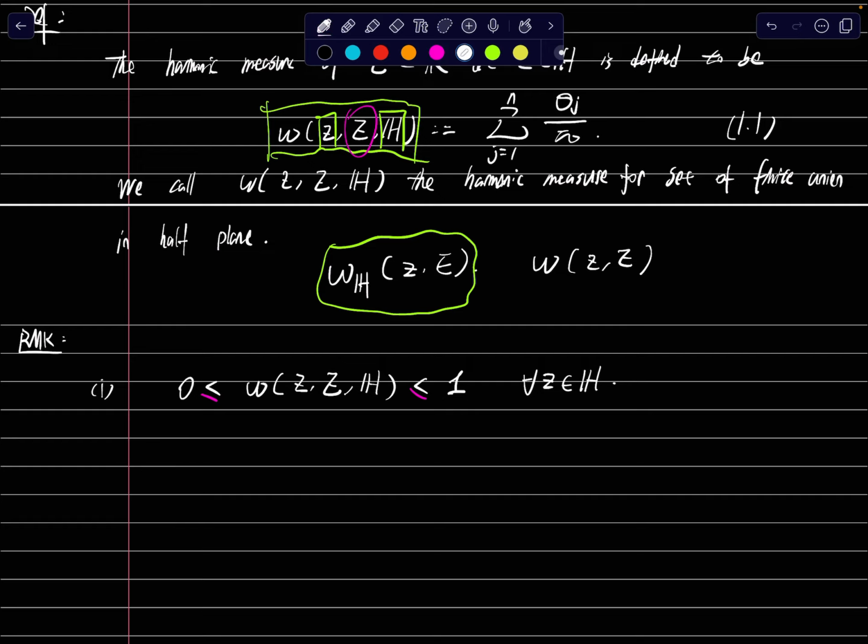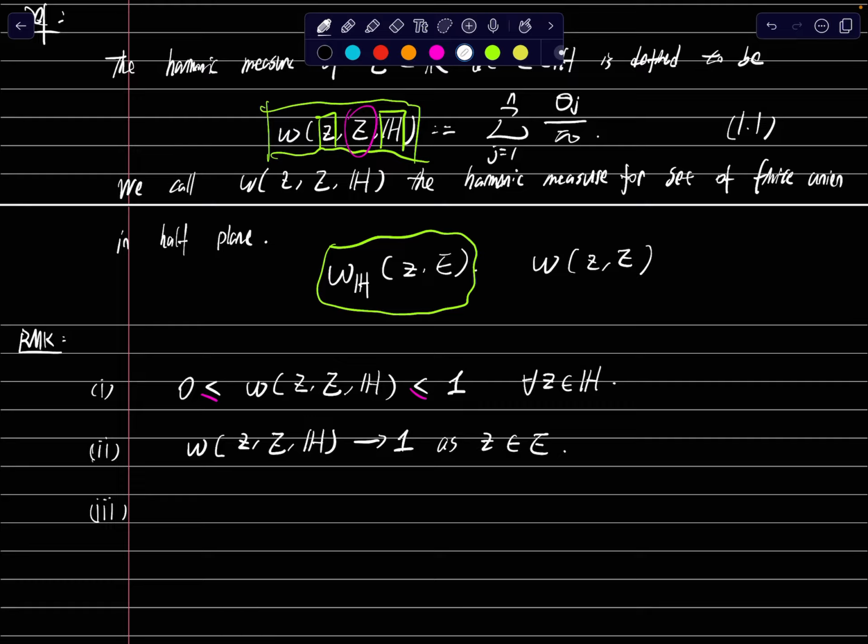So yes, they are included. So omega(z, E, H), the harmonic measure, converges to 1 as z lives in E. So this gives our upper bound.